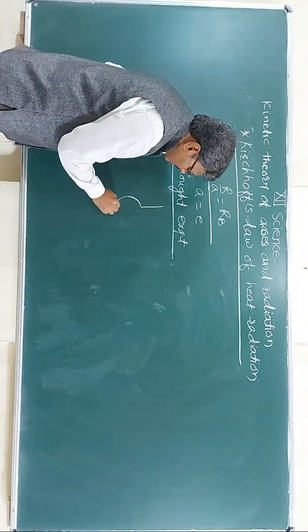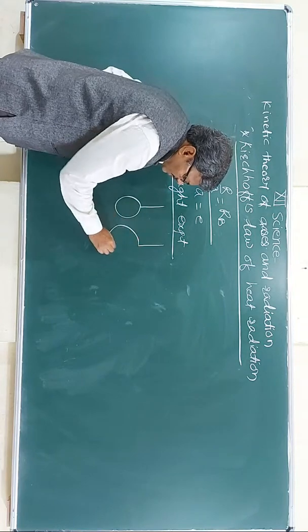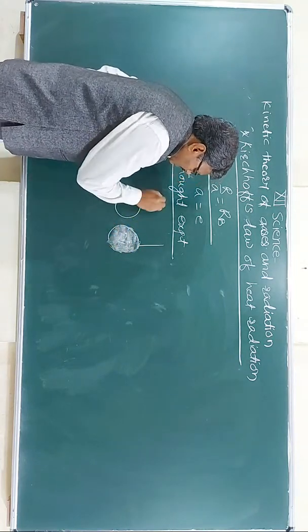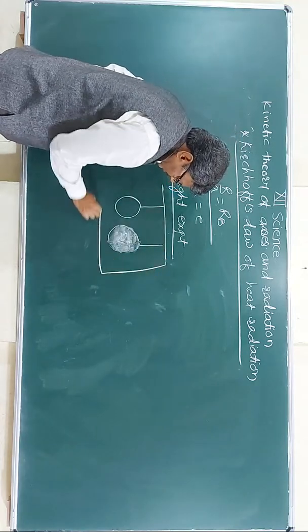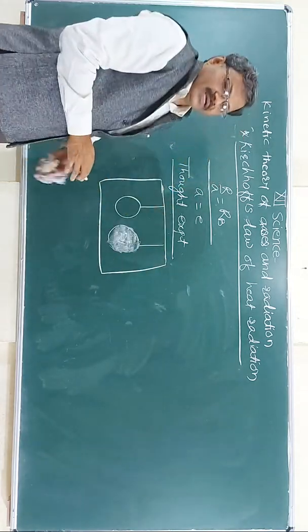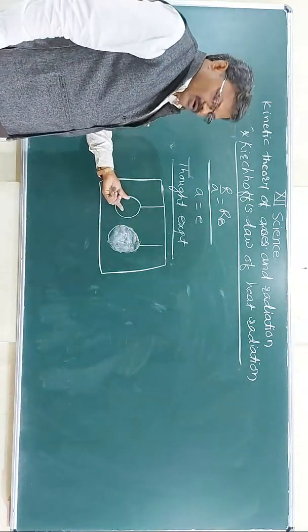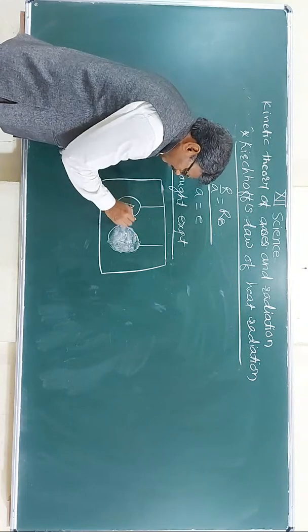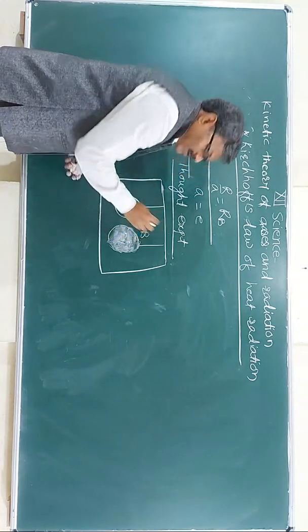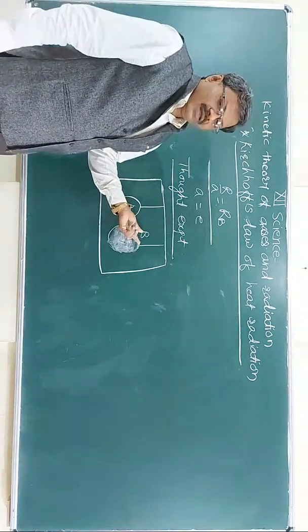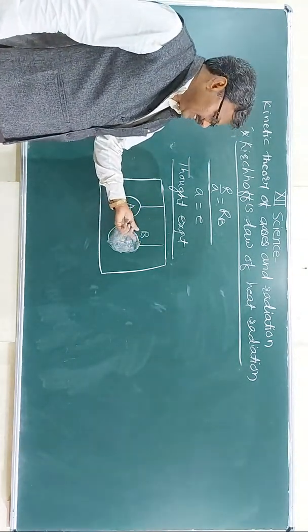The first body is an ordinary body, while the other is a perfect black body. The two bodies are enclosed in a space. The ordinary body is A, while the perfect black body is B.